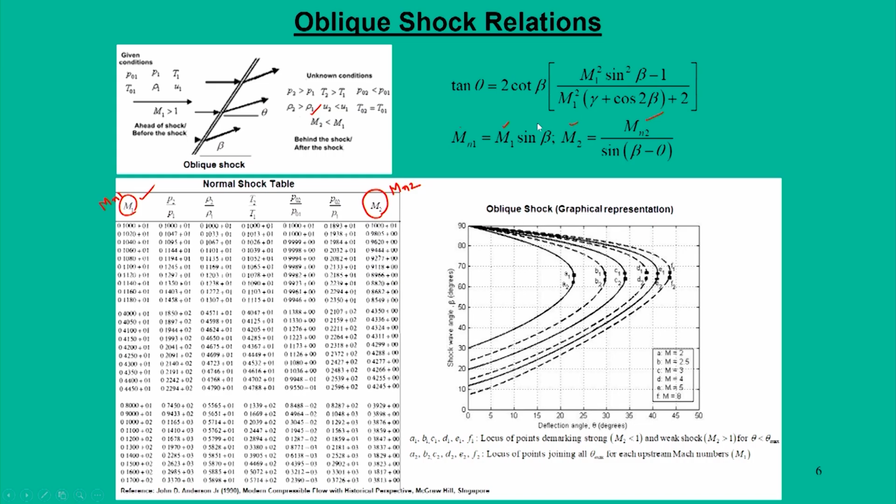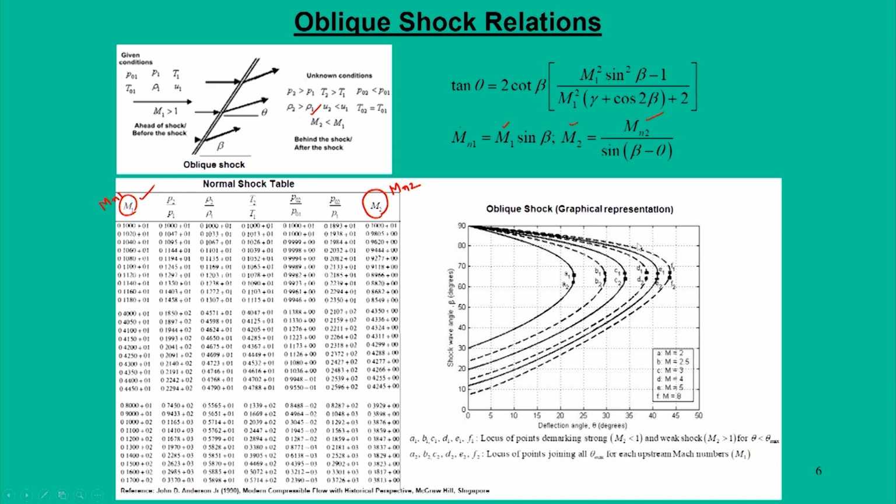Now, there is another method: these trigonometric relations, that is the theta-beta-M1 relation, can be represented graphically. In the y axis we plot the shock wave angle beta, and in the x axis the flow deflection angle. Now, we fix a Mach number.